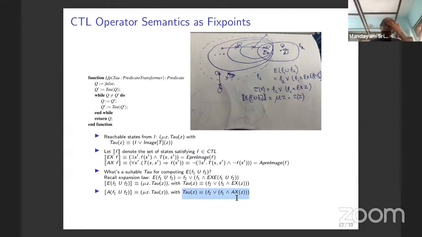So here, you will add those states only if every successor of that state, of the F1 state, goes in one or more steps into T. The one or more steps come from repeated application of tau. In each step, this one concentric circle is what is added to what eventually becomes your fixed point.